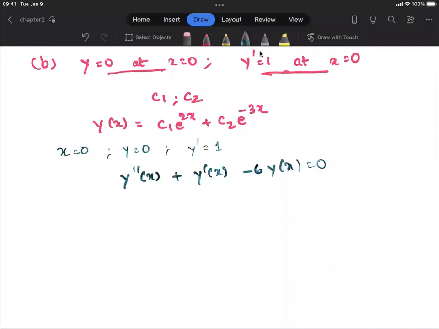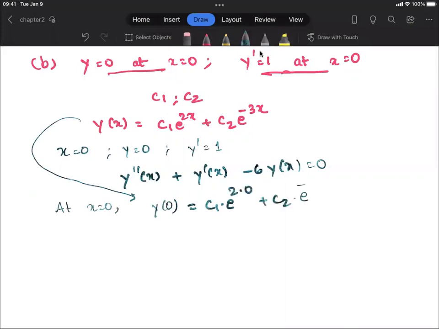At x equals 0, y of 0, let's see what that will be. y of 0 will be C1 times e to the power 2 times 0 plus C2 times e to the power negative 3 times 0. And e to the power 0 is 1. So this is going to be C1 plus C2. So that implies y of 0 is nothing but c1 plus c2.